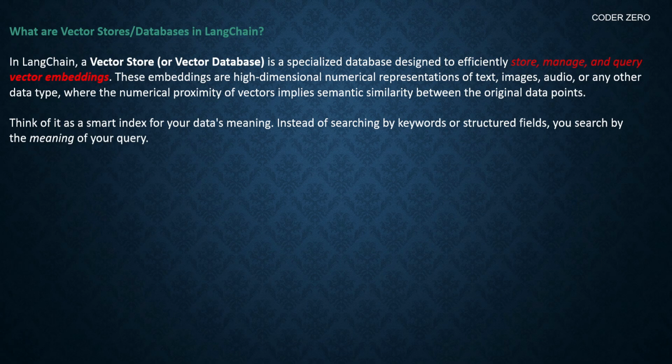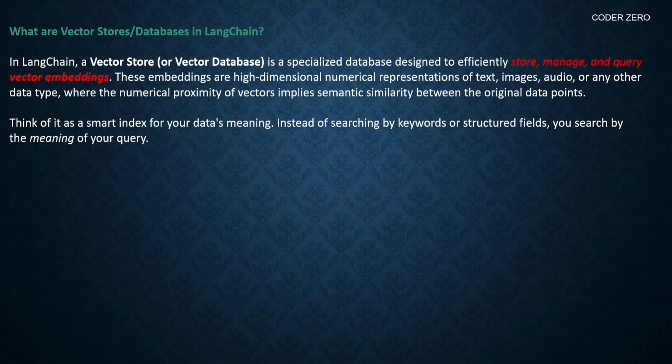In the previous video, we learned the concept of embeddings. Basically, embeddings are high-dimensional numerical representations of either text, images, audio or any other data type. By using these embeddings, we can do similarity search, which will be very helpful in our case.